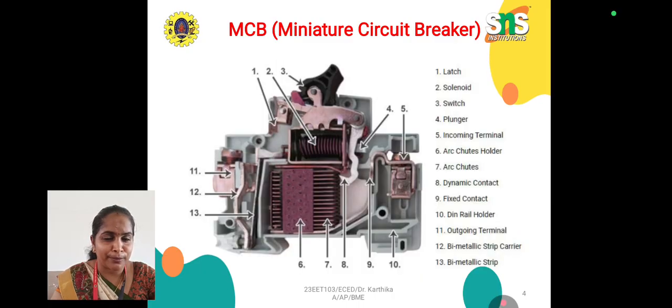Here we have so many components: latch, solenoid, switch, plunger, incoming terminal, arc shuts holder, arc shuts, dynamic contact, fixed contact, DIN rail holder, outgoing terminal, bimetallic strip carrier, and also the bimetallic strip. By using these components, we can either break or make a circuit with the help of the MCB automatically. Mainly it is used in home wiring systems.